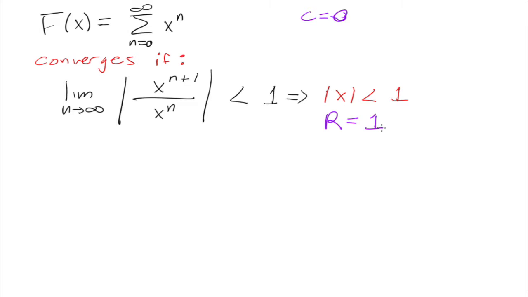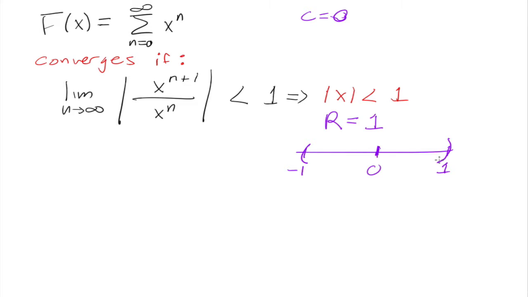So what this is telling me is that, let me draw a number line. Centered at 0, it goes all the way from -1 to 1, right? So it's going to converge on this interval. If you plug in a number greater than 1, then this series will diverge, right?